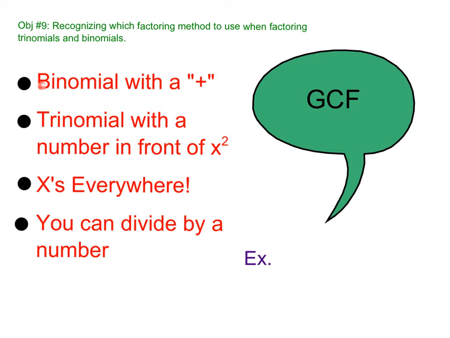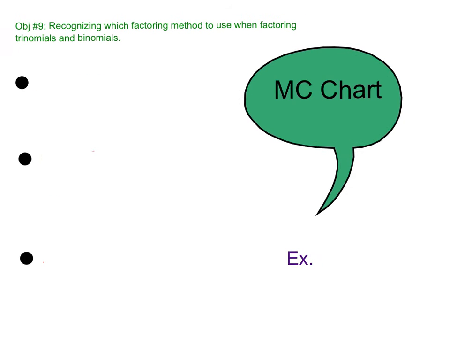So the first thing I always do when I'm looking to factor, I look, can I divide by anything? So here's an example. When I look at 4x squared and 10x, I can divide by 2. So automatically, I have a common term that I can divide by. There's also x's everywhere, x squared and x. So there's lots of reasons why that's a GCF problem.